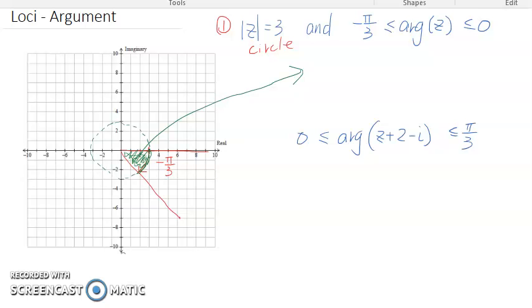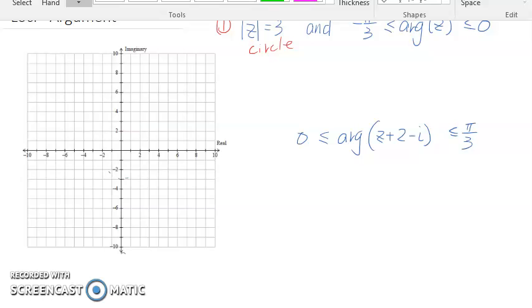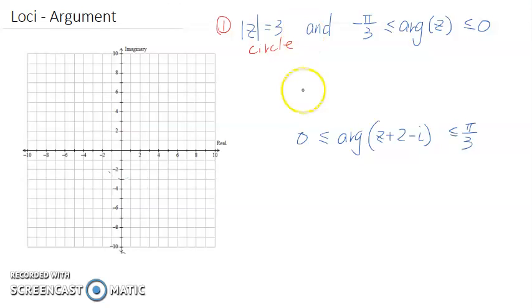Now let's have a look at the second example here. The argument of z plus 2 minus i is between 0 and pi on 3. We have to interpret this correctly. We want to say z minus something, and remember minus is represented by a negative with brackets on.